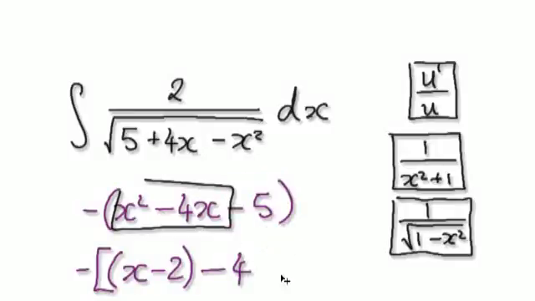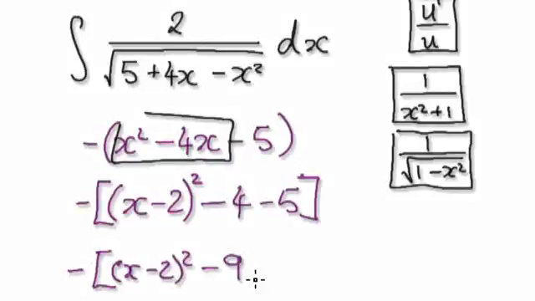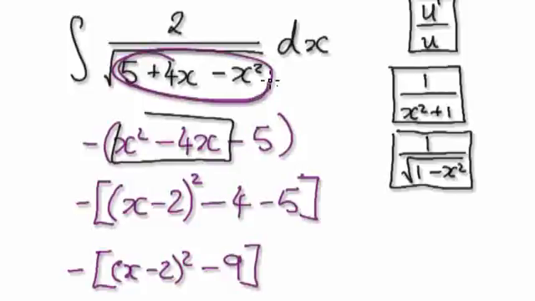Now carry this down. Oh sorry, it's squared here. So now when you complete the square, it would be x minus 2 squared minus 9. So that's us. We can rewrite this in this form here.